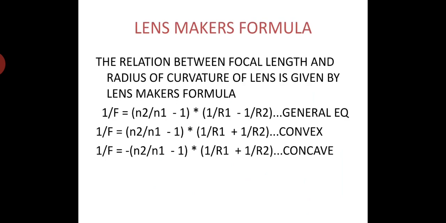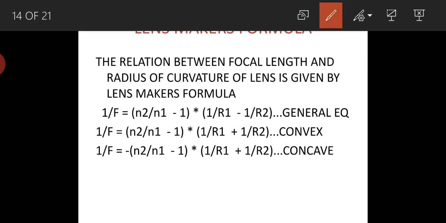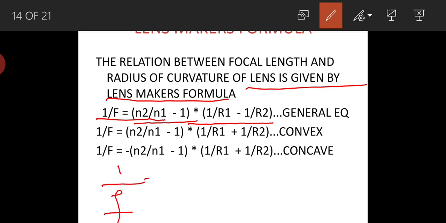So now let us see the lens maker's formula. The relation between focal length and radius of curvature of the lens is given by the lens maker's formula. So the lens maker's formula is given by 1 by f is equal to (n2 by n1 minus 1) into (1 by r1 minus 1 by r2).